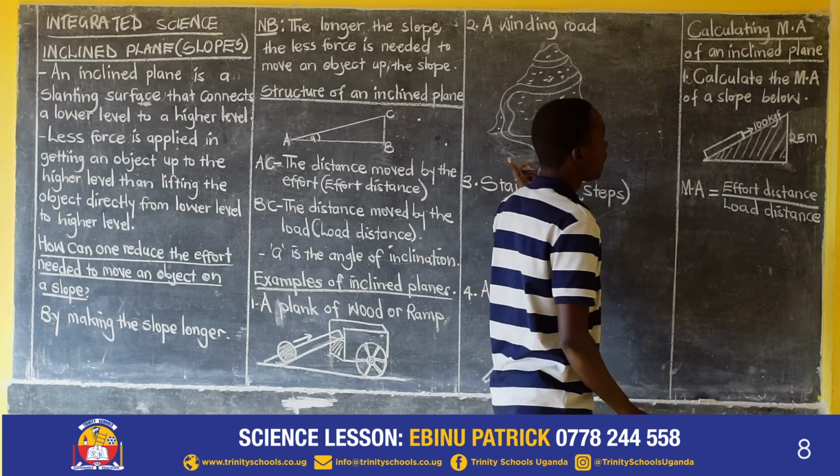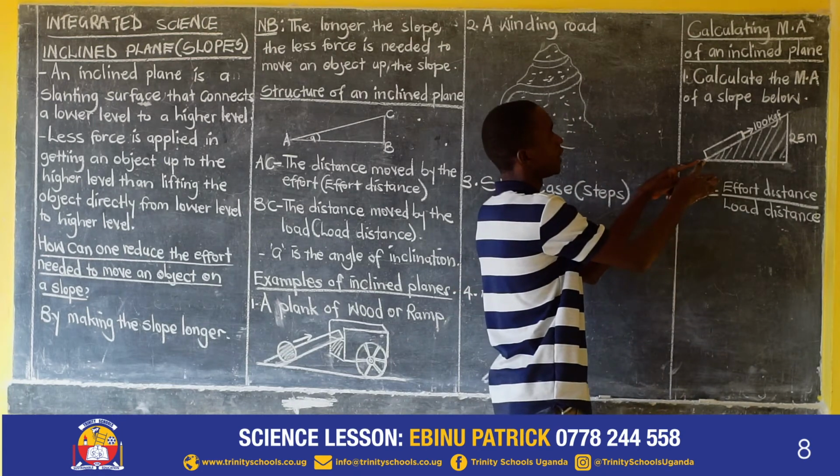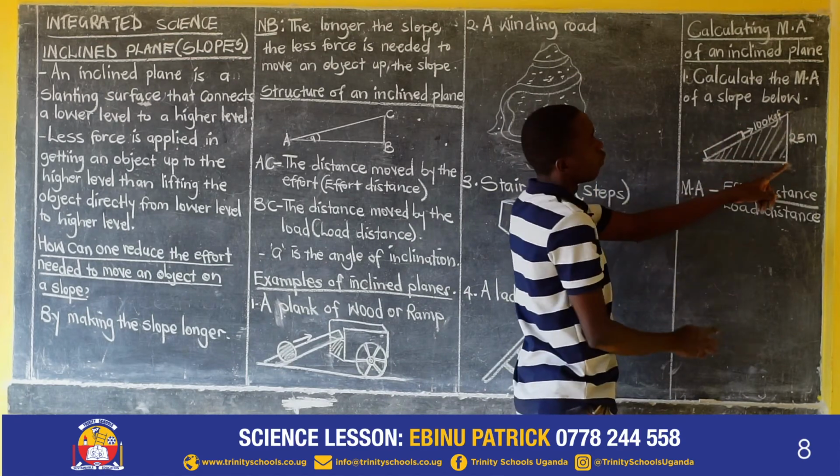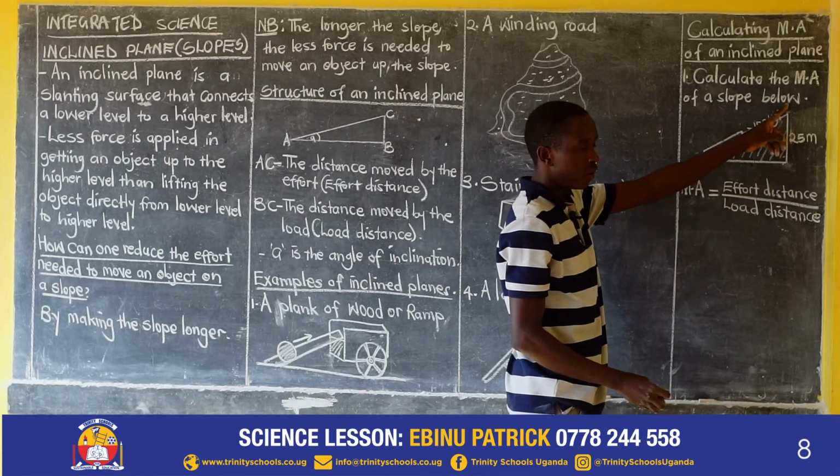When I was explaining the other one, I told you that the distance here, this slope, is what we call the effort distance, while this height is the load distance.